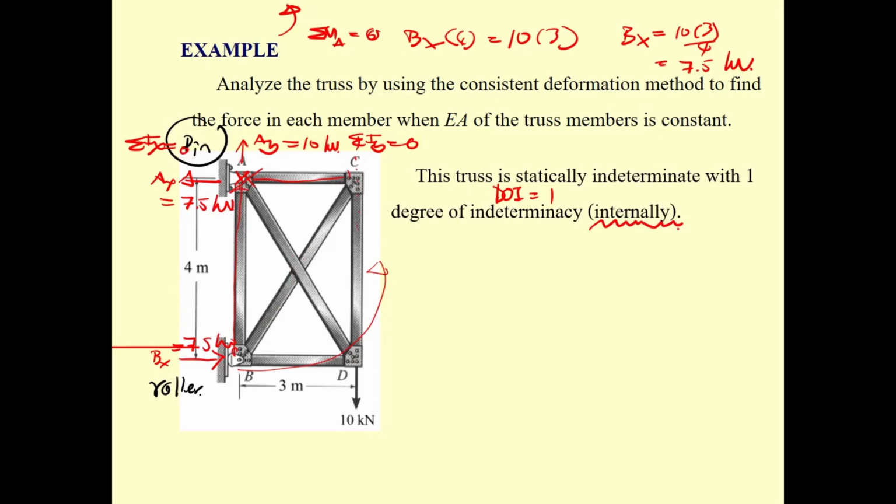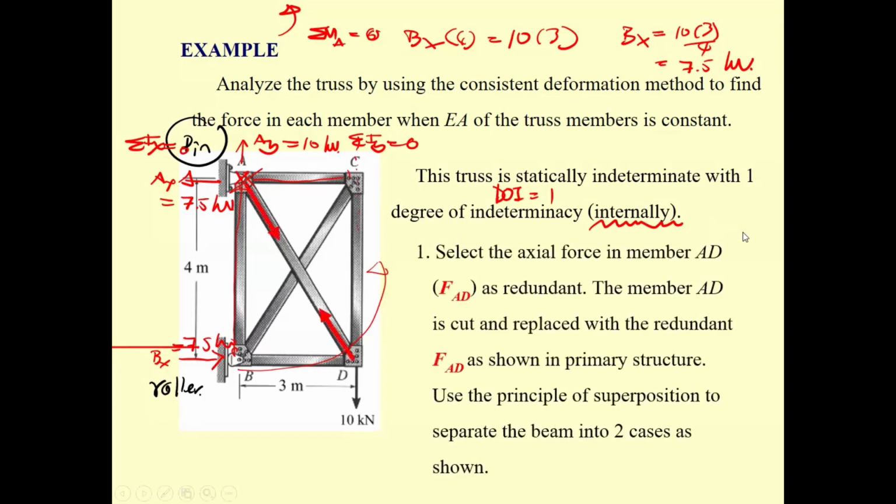Previously, we used reaction as the redundant. Very important. But this one you cannot, because all the reactions you can determine, you got to select one of the member forces to be the redundant force. You take F sub AD to be the redundant force because there is no choice to select the reaction.